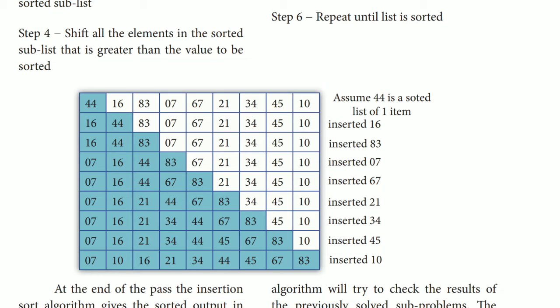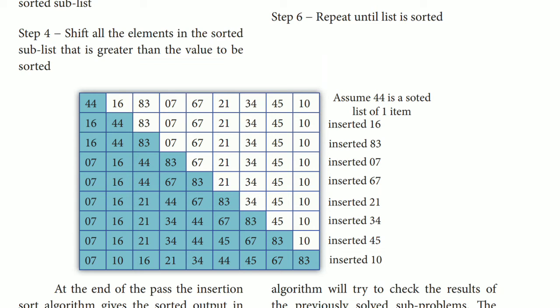Next you can see that they are inserting 83. 83 is greater than 44, and you can see that it will create a place next to 44 for 83. Now here you can see that they are inserting 7. 7 is a value which is less than 16.